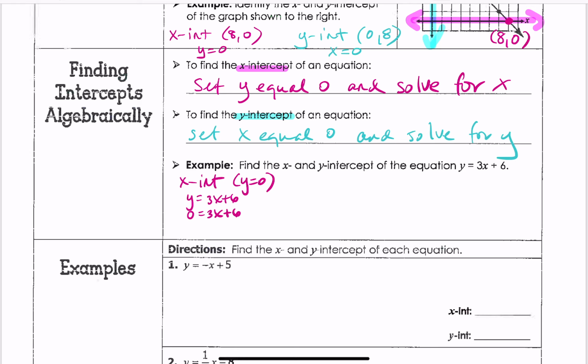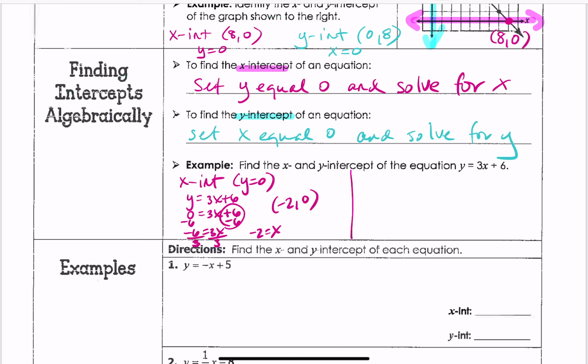I want to get x by itself, so I subtract 6 from both sides. That gives me negative 6 equals 3x. Last step, divide both sides by 3, so negative 2 equals x. So your x-intercept is (-2, 0).